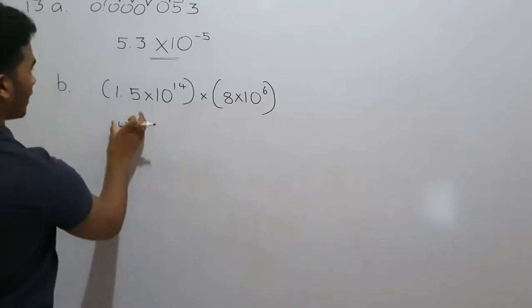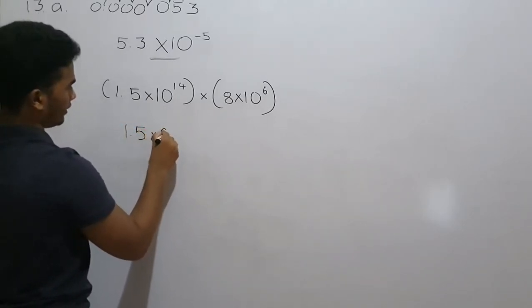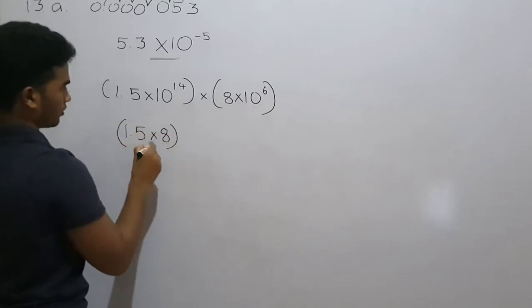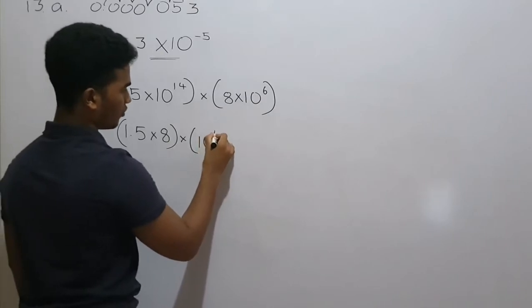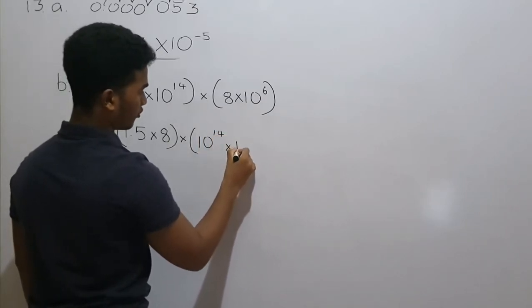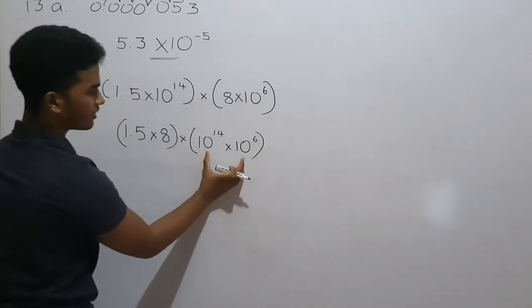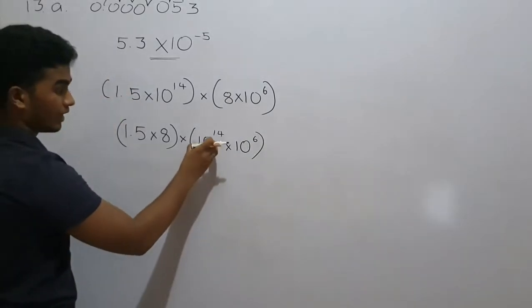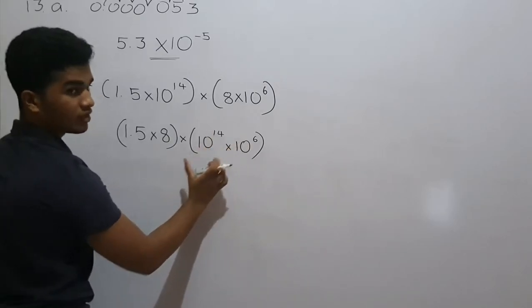So first we'll multiply the numbers, 1.5 into 8, into 10 to the power 14 into 10 to the power 6. Always when the base numbers are the same, it is the addition of the powers.